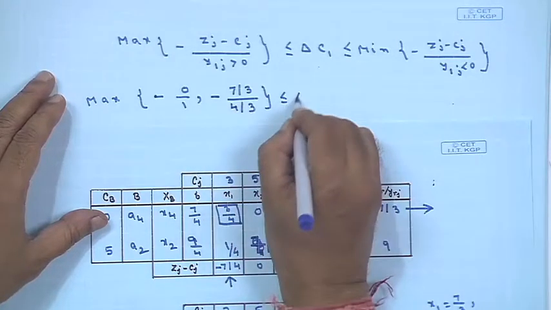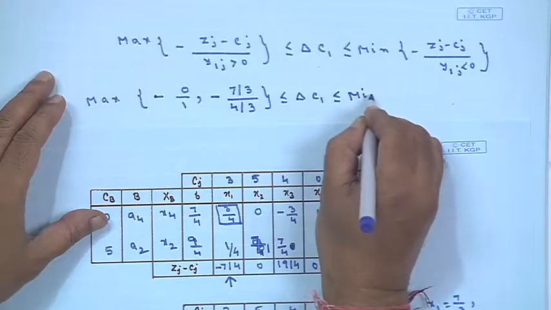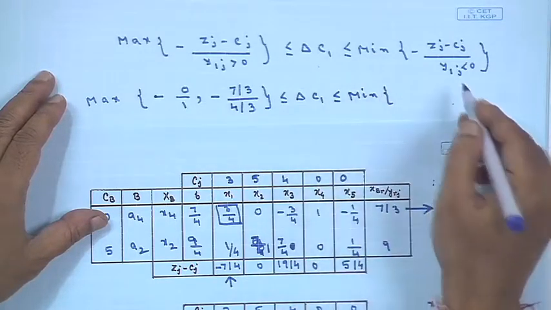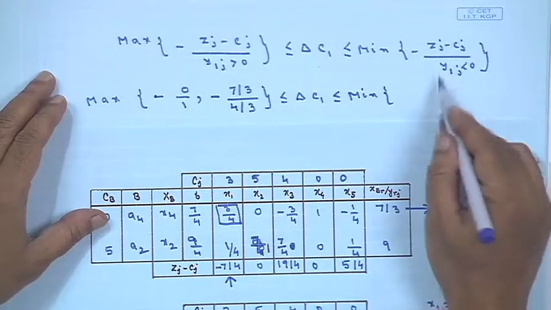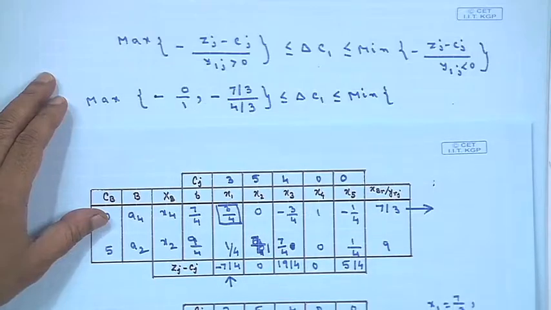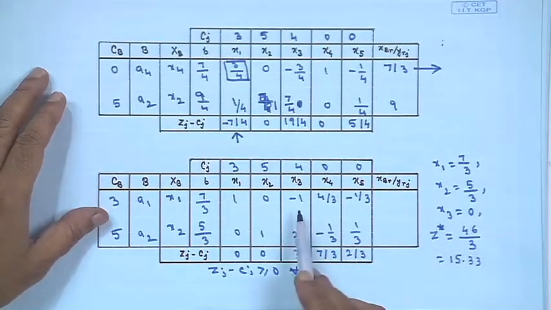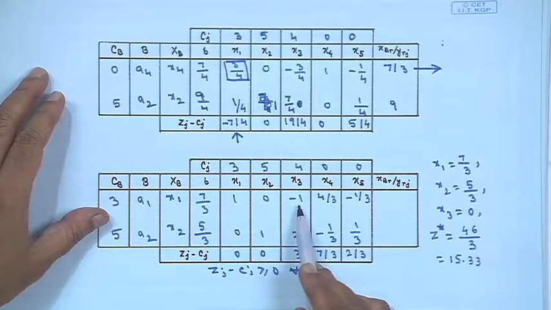7 by 3 divided by 4 by 3. This should be less than equals delta C1, less than equals minimum of, here I will take only those yij's ratios where yij is less than 0 in the optimal solution, where yij is less than 0, one is this one, that is zj minus cj by yij.